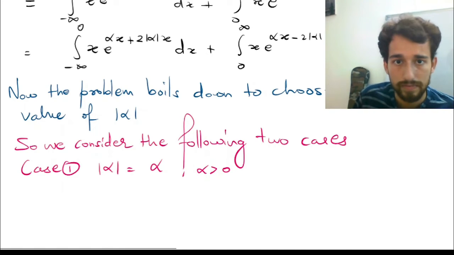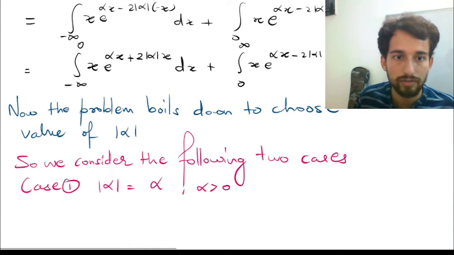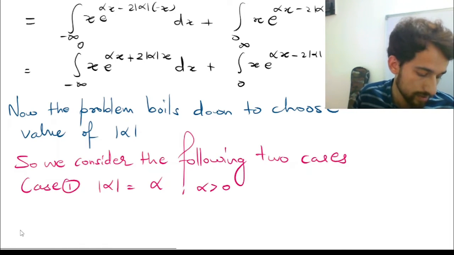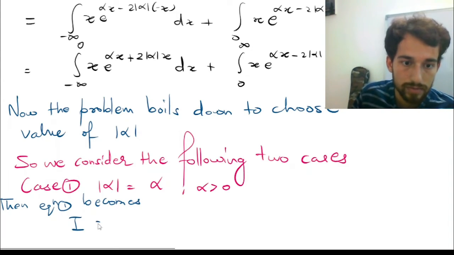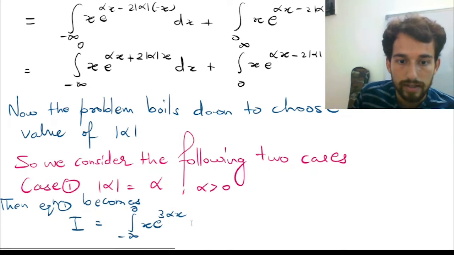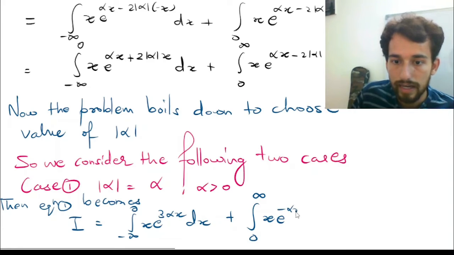So in this particular case, equation 1 will reduce to, if I choose my mod alpha to be alpha, then equation 1 becomes, this I becomes, I'm writing directly, minus infinity to 0, you can verify that, x e to the power 3 alpha x dx plus from 0 to infinity x e to the power minus alpha x dx.